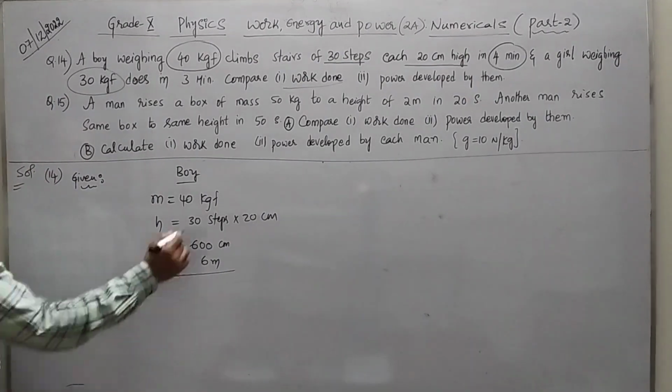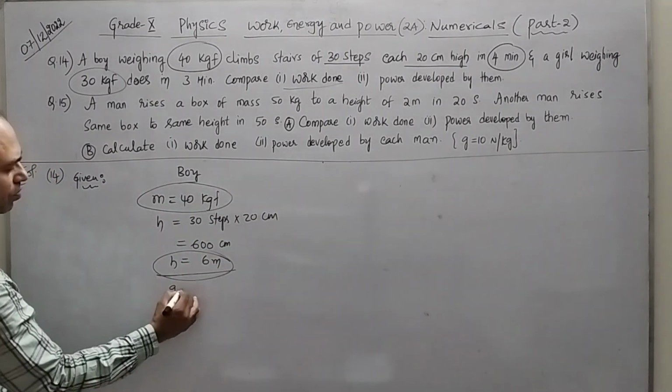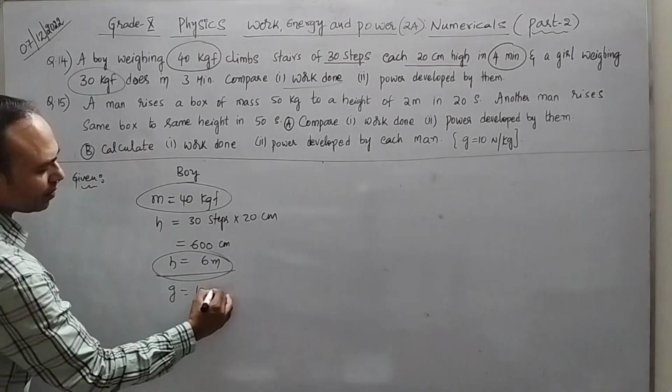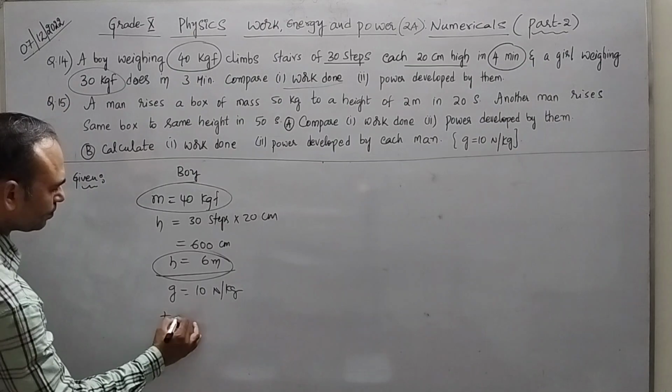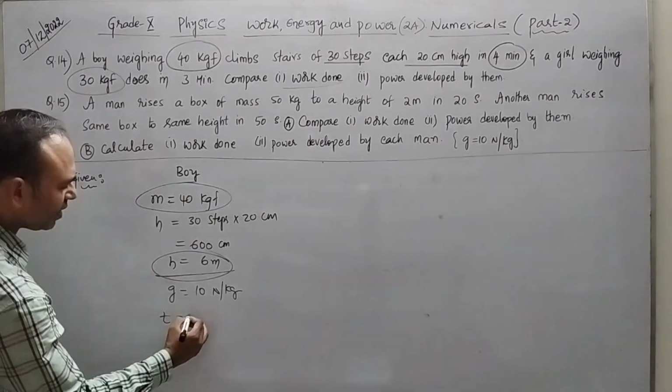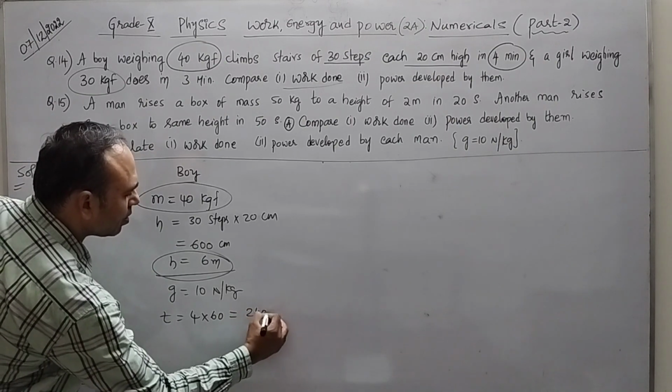Mass 40, height 6. Now g value, you can take it as 10 Newton per kg. Time taken, he has done the work in 4 minutes, so 4 into 60, nothing but 240 seconds.